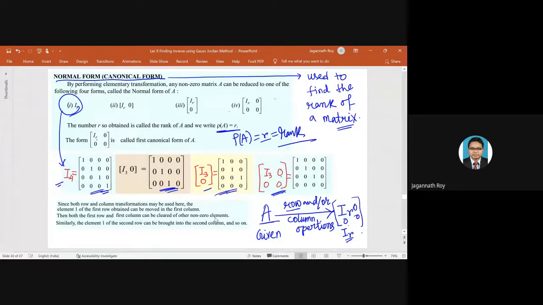Now you can see that the rank of the matrix here is 4. Here the rank of the matrix is 3. Here also the rank is 3, and in this case the rank is also 3. Only 3 rows are non-zero rows, if you consider it as a row echelon form.